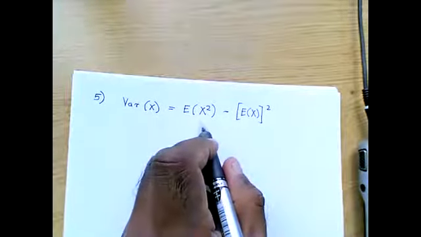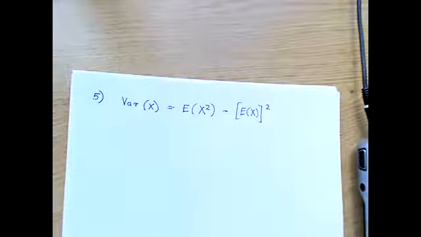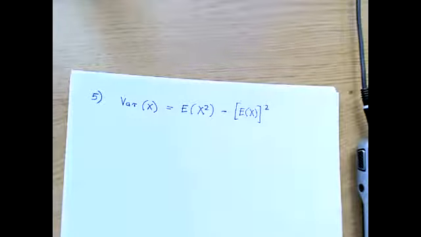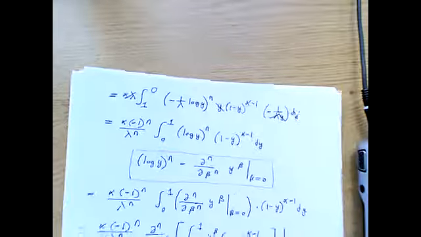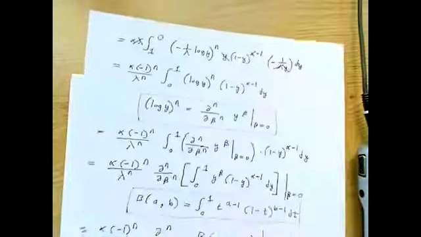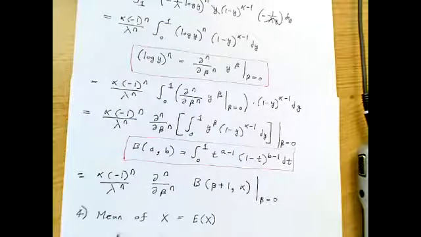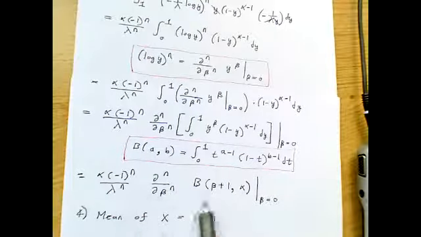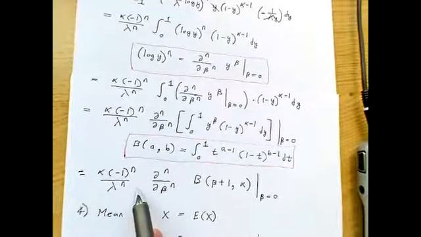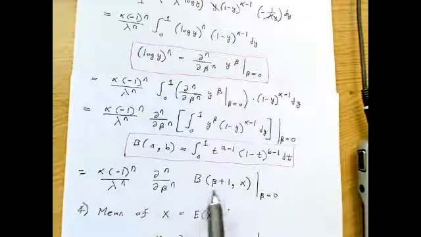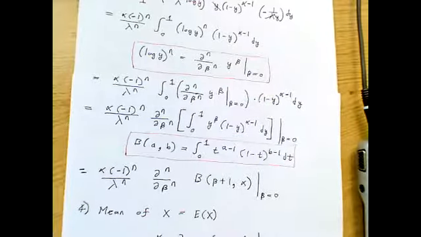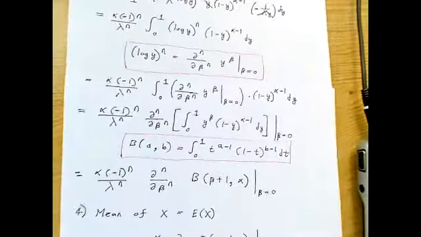Now this guy here, from what we did earlier, to find the expectation of X squared, all you need to do is to put n equal to 2 into this. This is the formula for the nth moment. So to find the second moment, all you need to do is put n equal to 2. So that's what I'm going to do now.